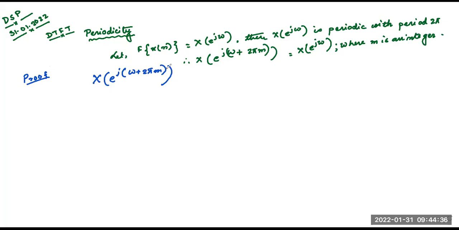If we expand it from the definition of the Fourier transform, the expansion will be summation of n equals minus infinity to plus infinity x of n into e to the power minus j (omega plus 2 pi m) n, because e to the power minus j omega n.